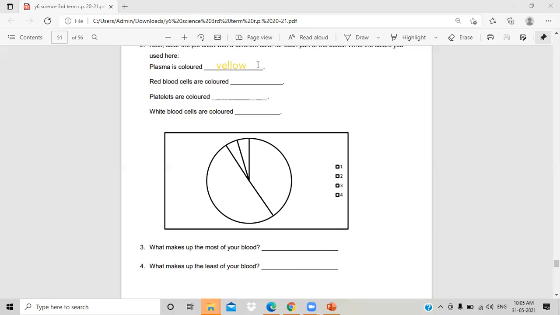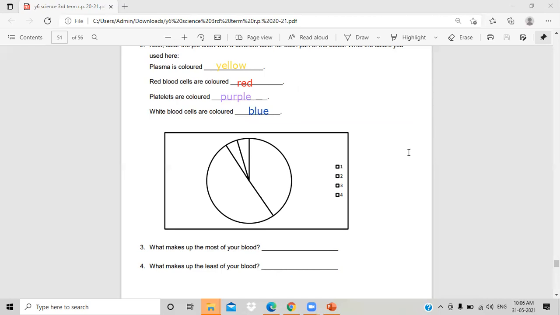And I'm going to color the red blood cells red, and the platelets purple. And the white blood cells, unfortunately, I cannot color white, so I'm going to color it blue or green, as you like.